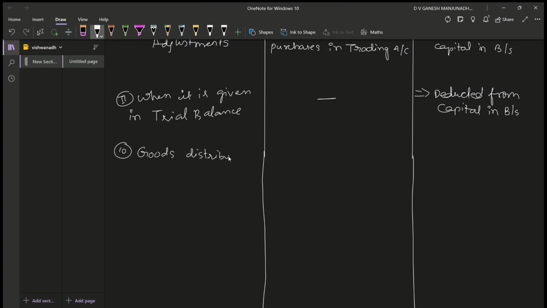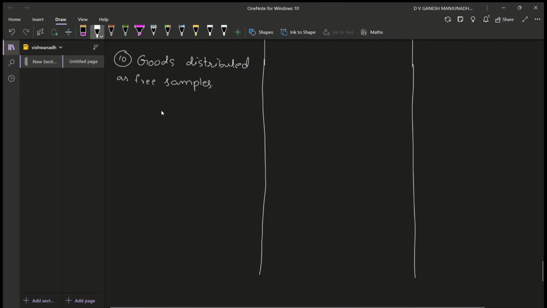Goods distributed as free samples. What does it mean by distribution of free samples? That means if the proprietor wants to increase his sales and earn some more profits, then this is a technique incorporated by the proprietor to increase the profits.